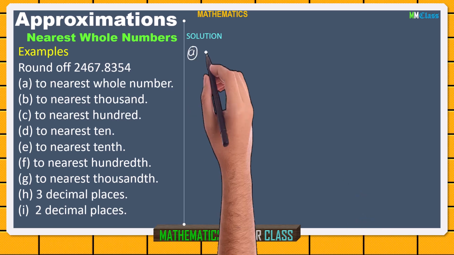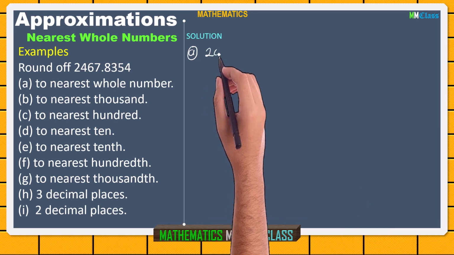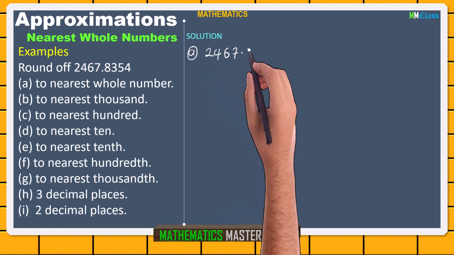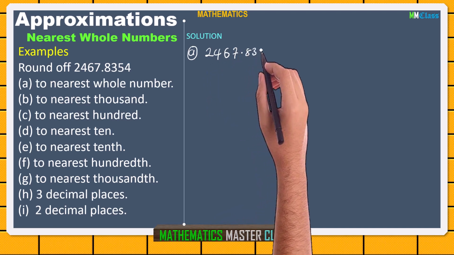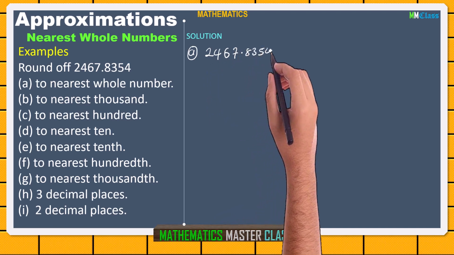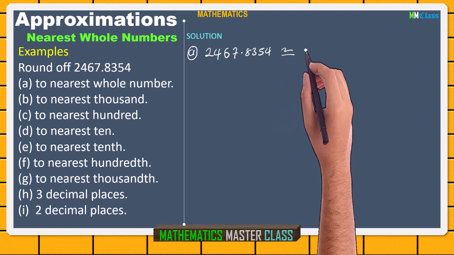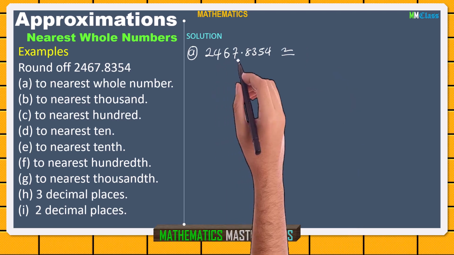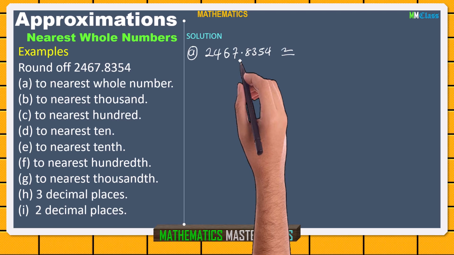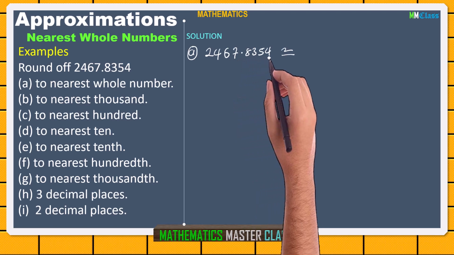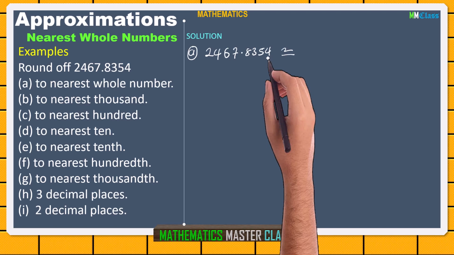So we have 2467.8354 to be approximated to the nearest whole number. Now we have 2467 as the whole part of this number, while 8354 is the fractional part of the number.